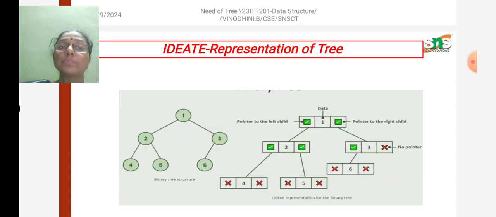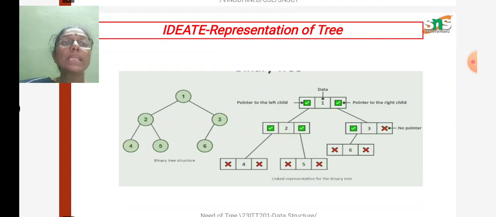This is how the array implementation is represented. Next is the linked list based implementation, where every node has a left and right child. If there is no left child, that is marked as null. These are the two ways of representing the tree data structure.